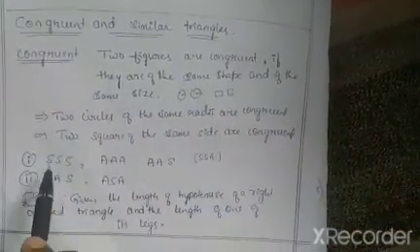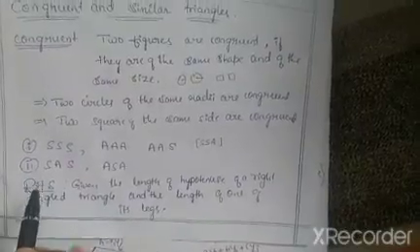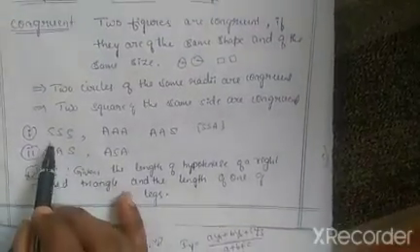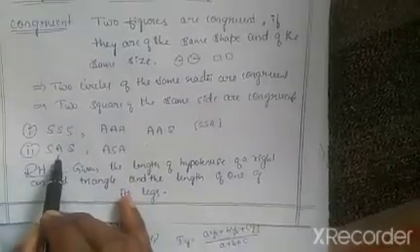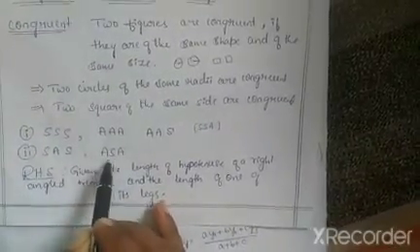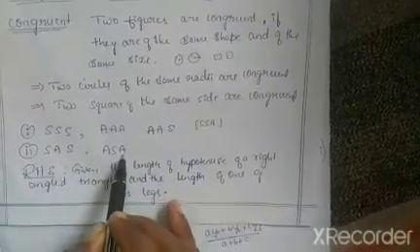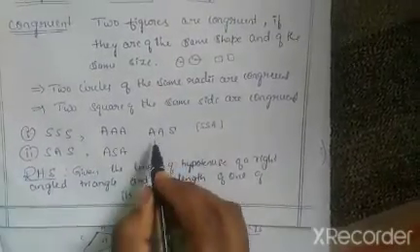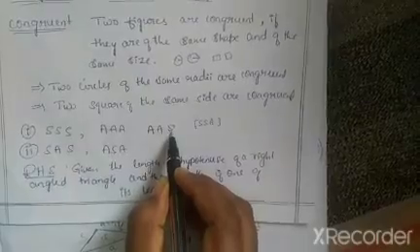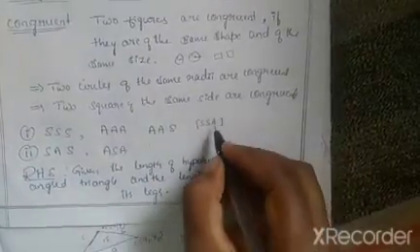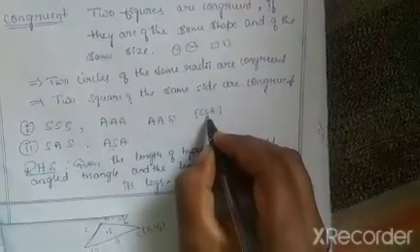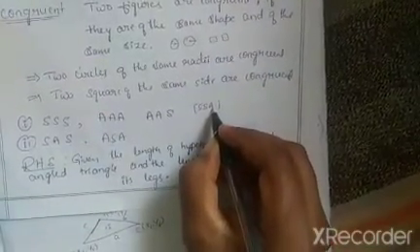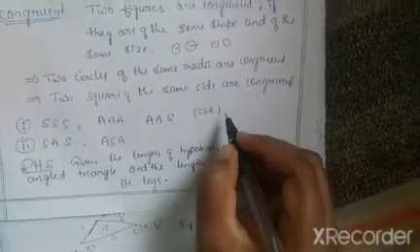According to this, there are 5 theorems in the 9th standard book. SSS rule, SAS: two sides and the included angle, ASA: two angles and the included side, and AAS: two angles and one excluded side. But you should remember that SSA, two sides and one excluded angle, is not sufficient to tell that the triangle is congruent.